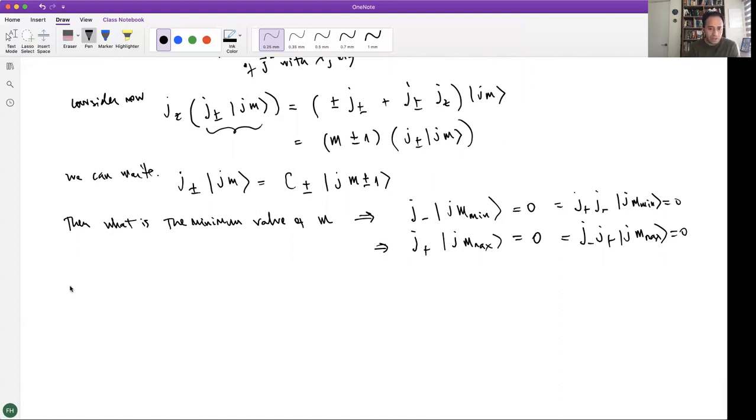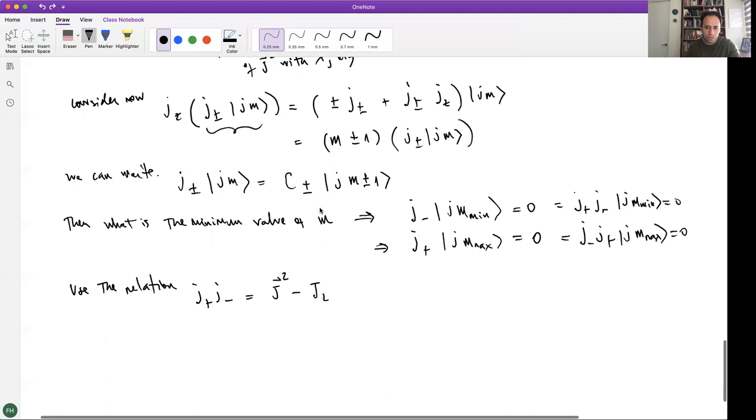You can use a relation, which you can easily prove, that J plus J minus is equal to J squared minus JC squared plus JC.